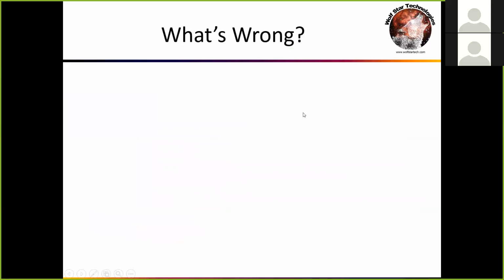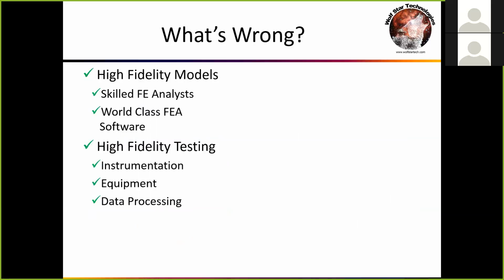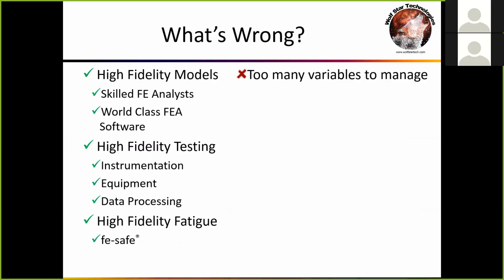So what's wrong? Your company is investing in all the right stuff, right? You're investing in great FEA software, skilled analysts. You're doing the right stuff by testing. You're working with tools like FE-Safe. Your companies are making all the right investments, but they're not getting the answers they want. Well, the problem is you've got too many variables to manage. The gauge locations, the load cases, the quantity of data.